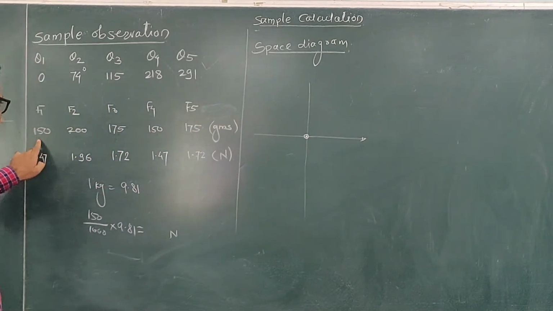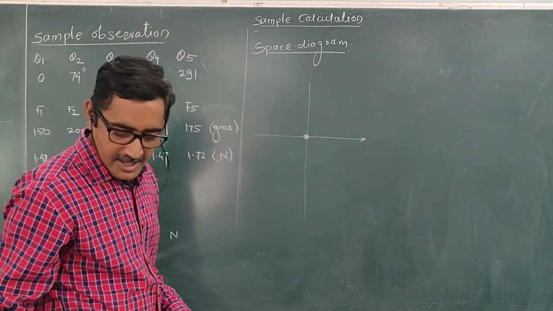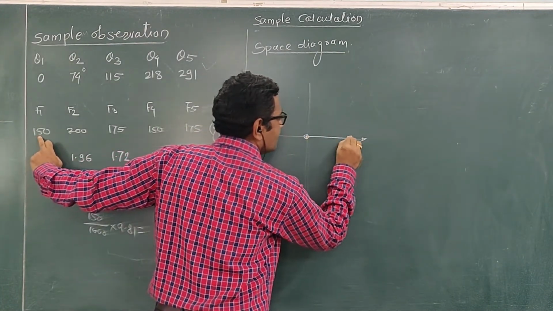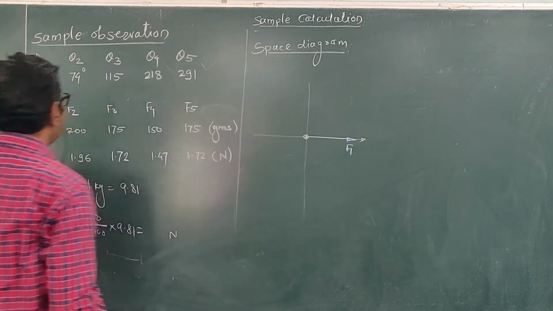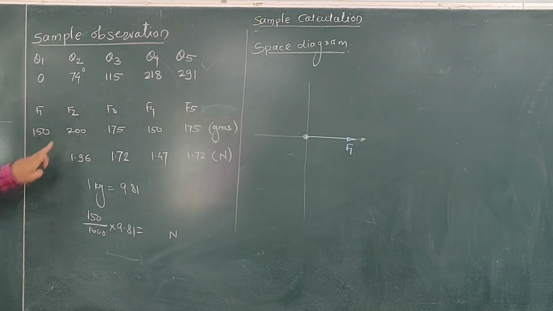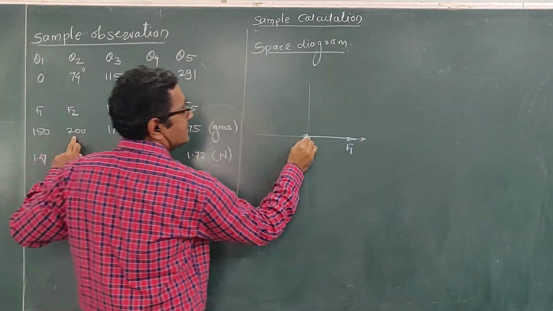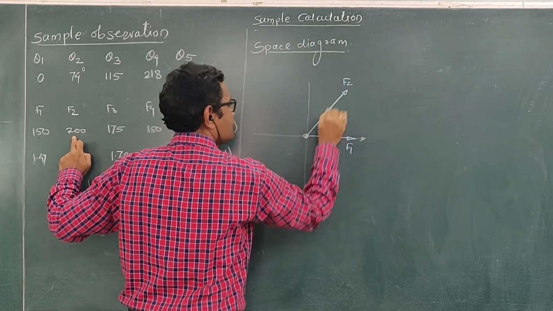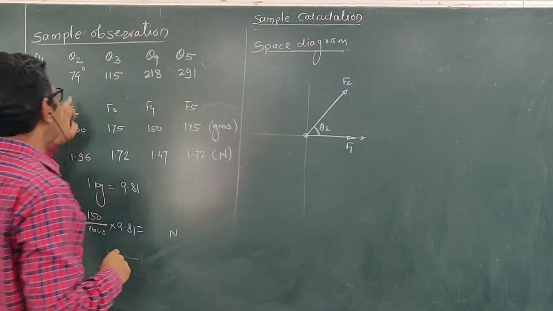Our first force, 150 gram, F1, is acting along the positive x-axis because theta 1 is 0. So this is the force F1. Then with the help of a protractor, you can take the angle of 74 degrees with the positive x-axis in the anti-clockwise direction, and you can show the force F2. This is F2, and this angle theta 2 is equal to 74 degrees.